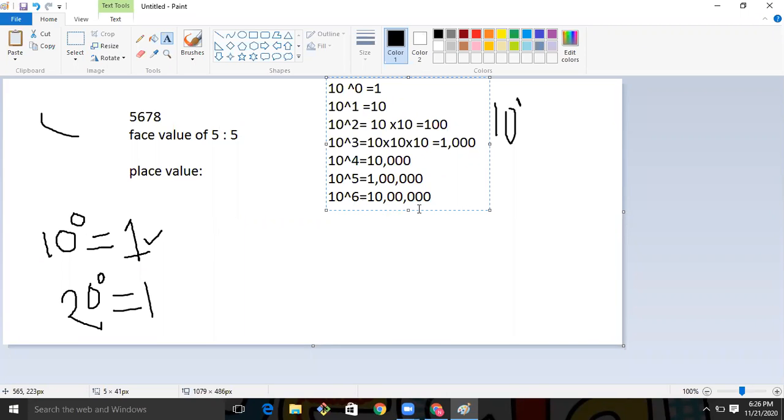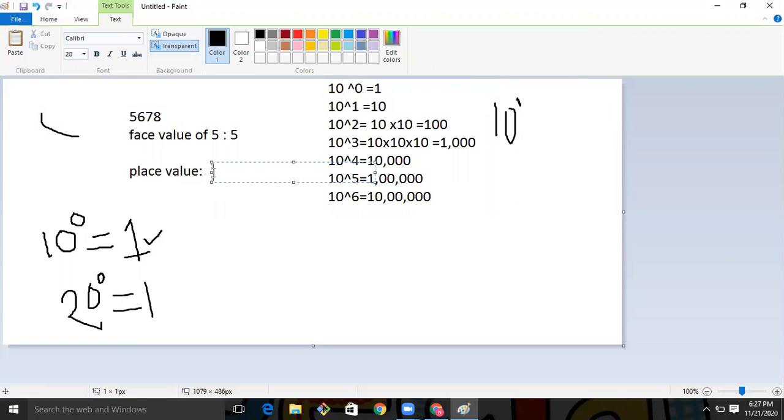I have given a table in maths. You have to learn all these things: how we call them in the Indian system and in the international system. You have to be very careful.